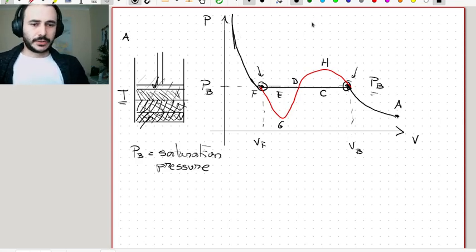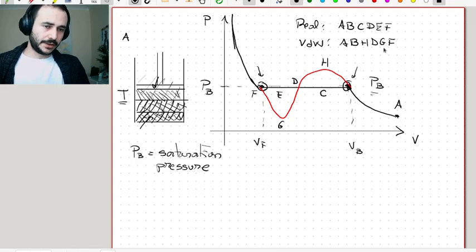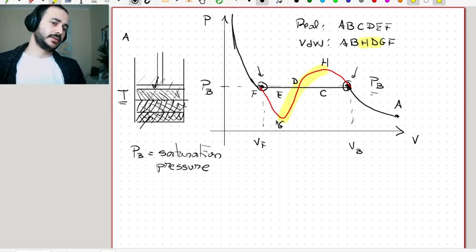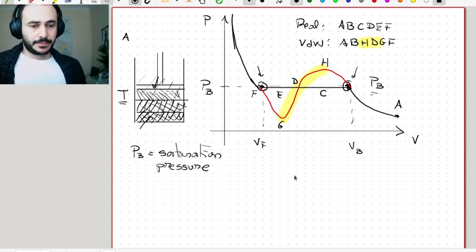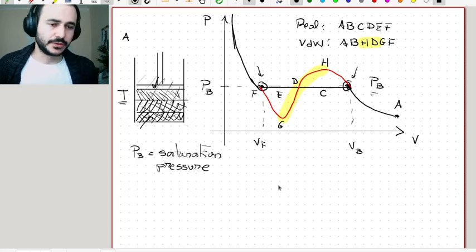So in reality it would be A, B, C, D, E, F. And what the van der Waals equation predicts is A, B, H, D, G, F. And we know that this bit here, which is different, this G, D, H, is really the bit that tells me it's unstable. It's the bit where the pressure is an increasing function of volume, which it cannot be if the system is stable.